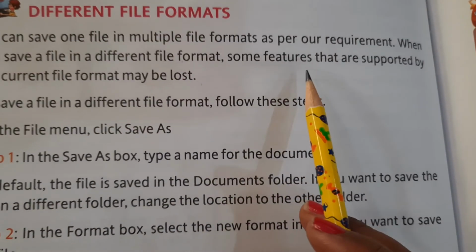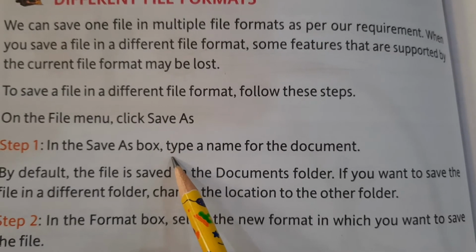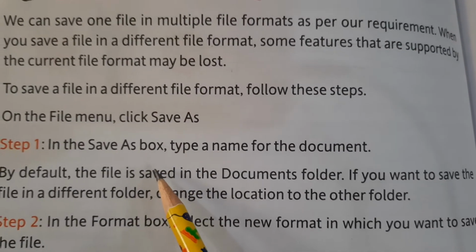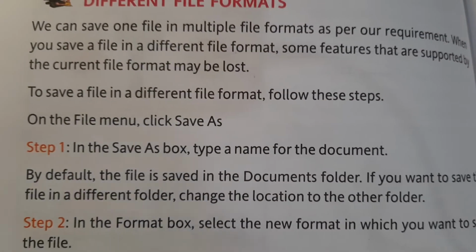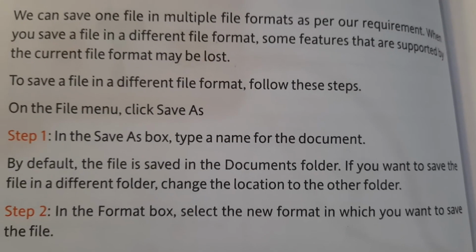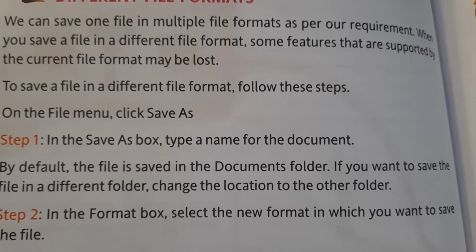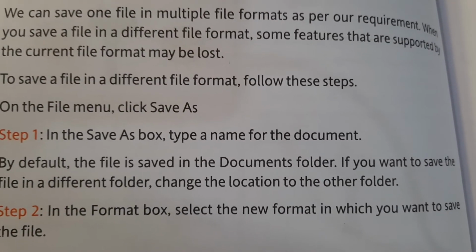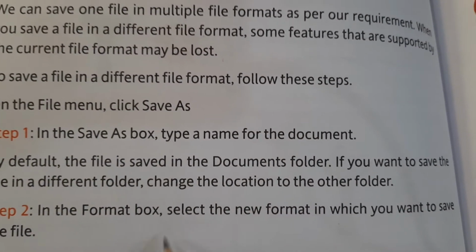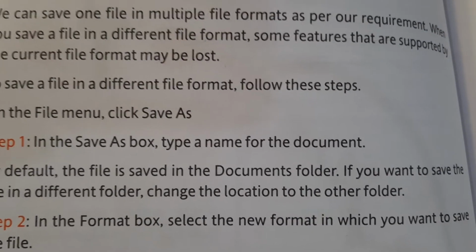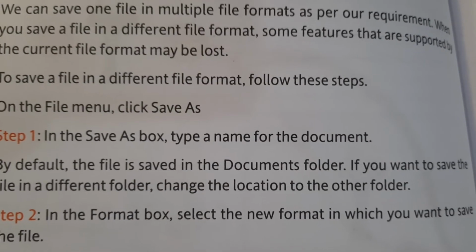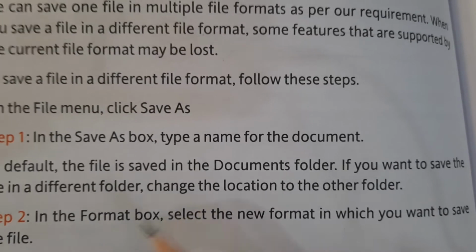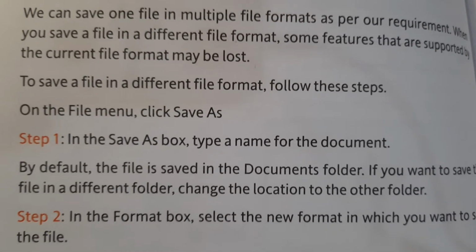So if we are saving the same file in different formats, some features may be lost. Okay, it is just like if you belong to a particular section of the class, and you go to another section, you can go there, but you need to leave certain things in your own section, like your friends, like your ma'am, that way.